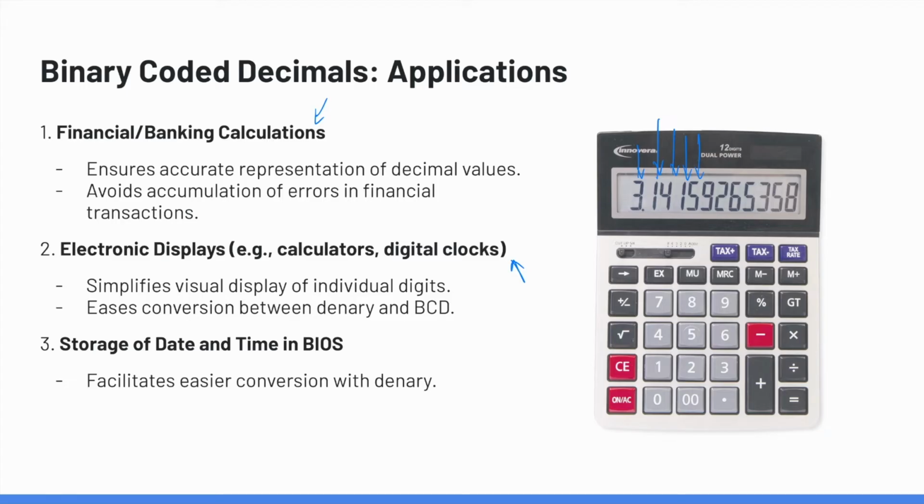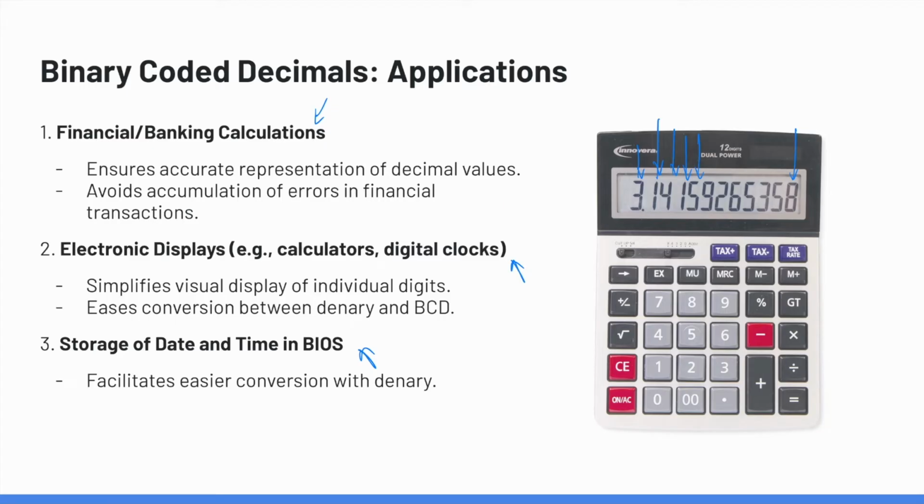So for example, 3 would be represented by a binary, 1 would be represented by a binary, and 4 and so forth. And then the individual display could interpret that binary value to display a number on the calculator accordingly. Also storage of date and time in the BIOS. So remember, the BIOS is that program that's stored in the RAM that allows us to turn on our computer and allows us to do really basic operations in our computer.